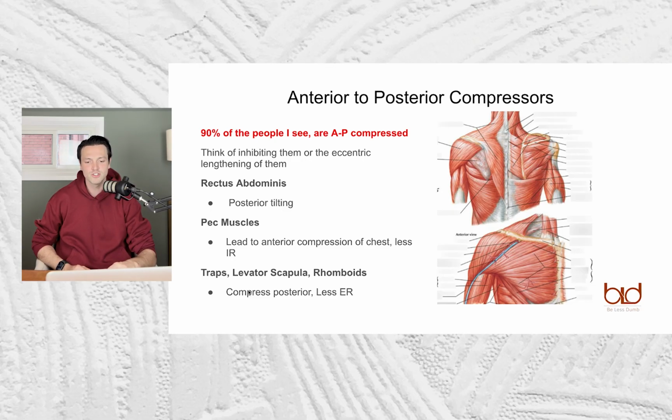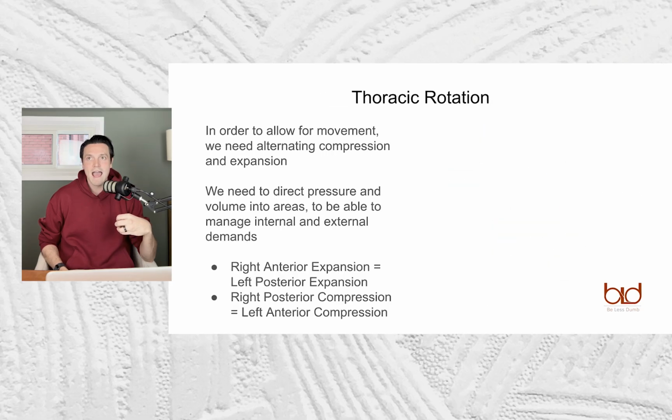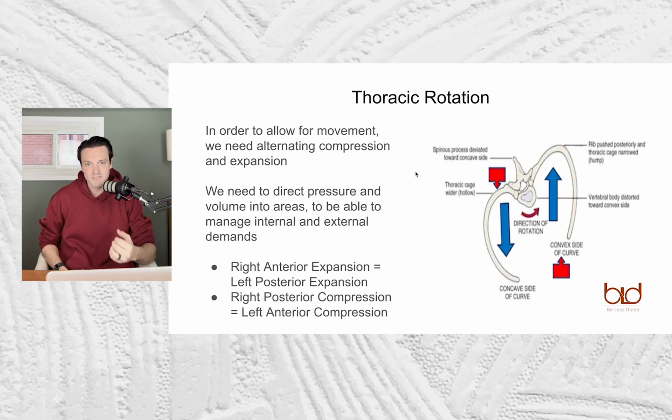And then we have our traps, so levator scapulae, our rhomboids. They compress us posteriorly, and then we lose external rotation. So when you think about anterior to posterior compression, really think that you need to move into space that's available for you, okay? So if somewhere is compressed and runs out of room for us, then obviously it's going to be harder for us to move into them.